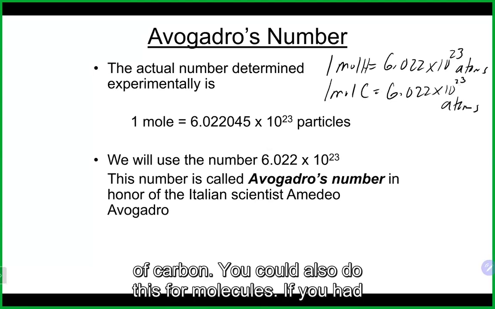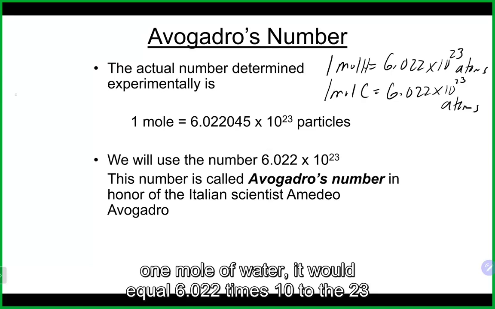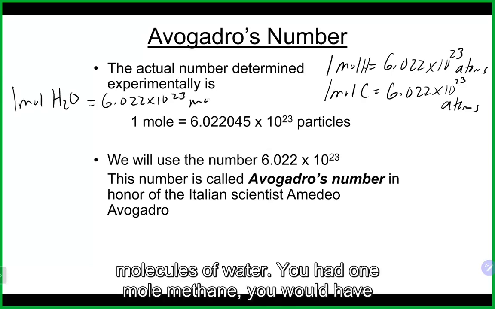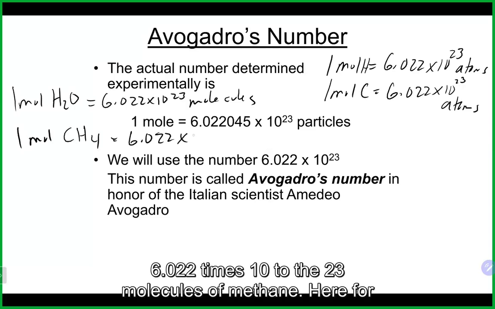You could also do this for molecules. If you had 1 mole of water, it would equal 6.022 times 10 to the 23 molecules of water. If you had 1 mole of methane, you would have 6.022 times 10 to the 23 molecules of methane.